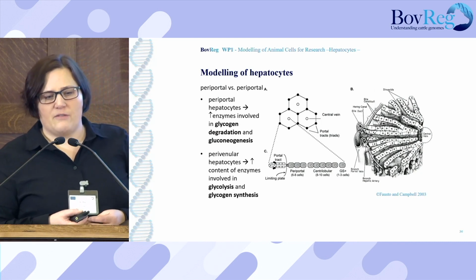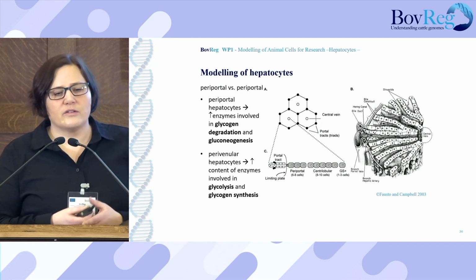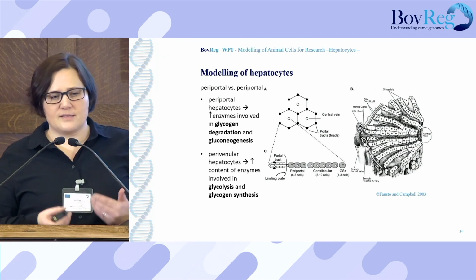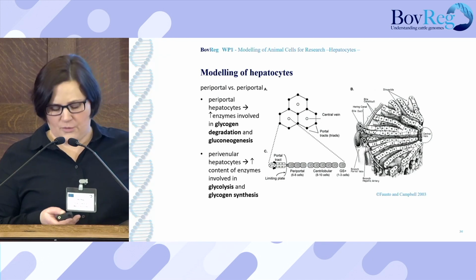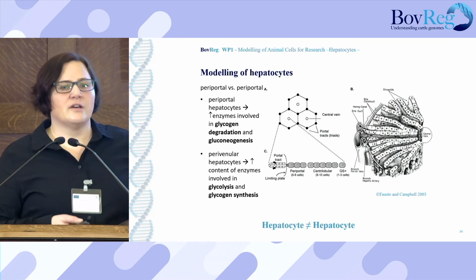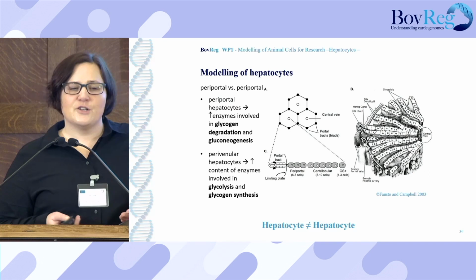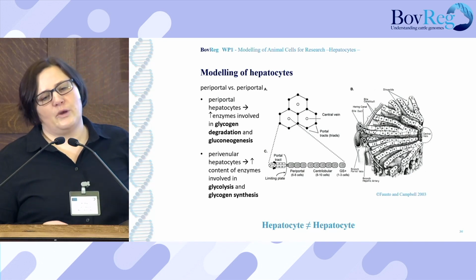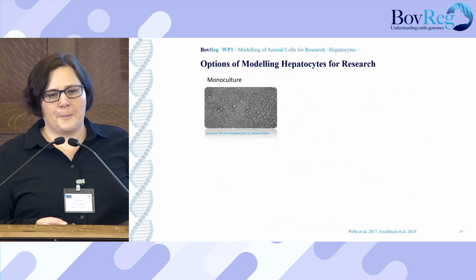Whereas the perivenular hepatocytes have a higher content of enzymes involved in glycolysis and glycogen synthesis. So we can say hepatocyte is not equal to hepatocyte, even the physiological cells. So we have to have this in mind when we would like to model hepatocytes.